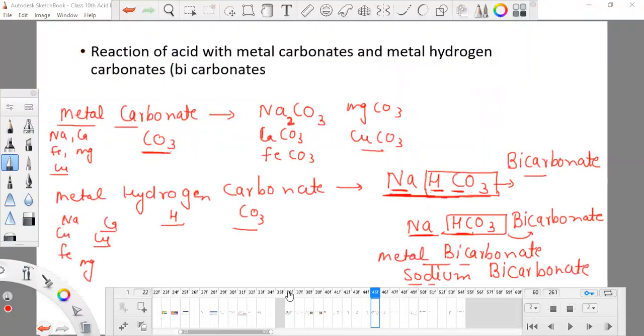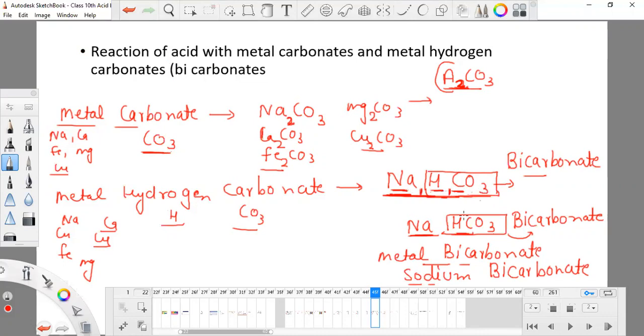So for the formula of metal carbonate, if A is a metal and this is carbonate, the valency of the metal will be 2 always. Remember this. I can use Mg2, Cu2, Ca2, Fe2. In metal carbonate, if A is the metal, you have to put 2 here in the formula. And in metal hydrogen carbonate, Na is 1, hydrogen is 1, and this is CO3.